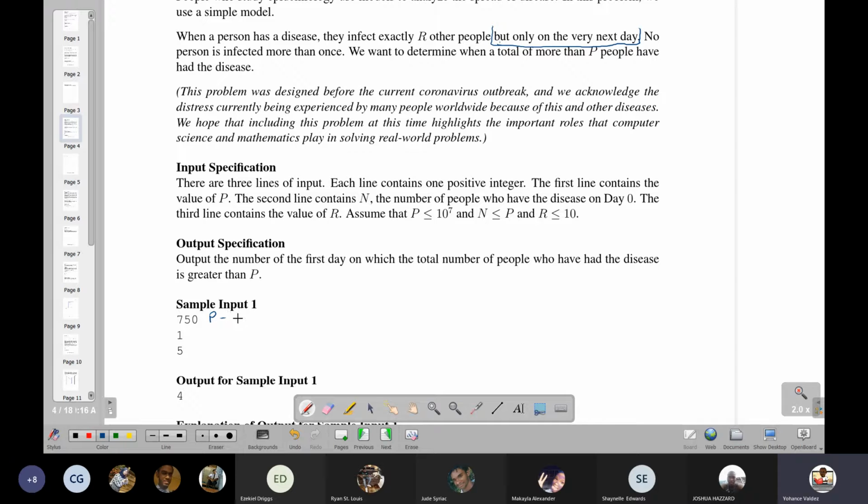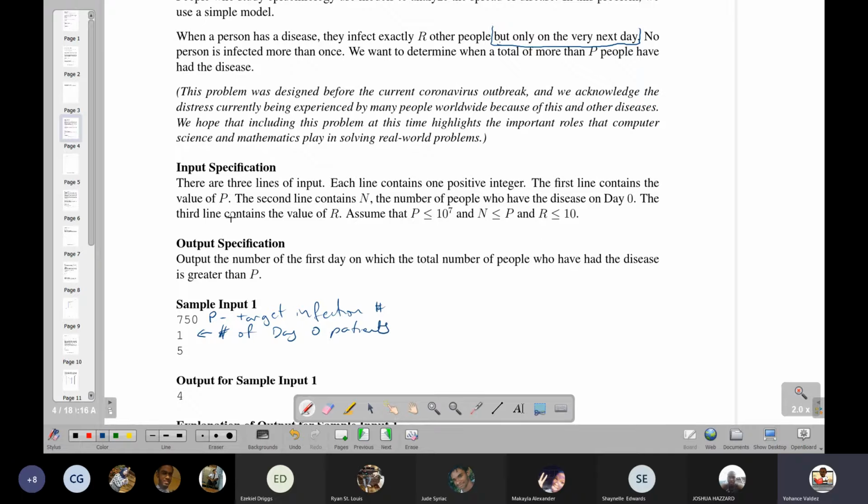So this is the target infection number, if I could call it that. The second line contains N, the number of people who have the disease on day 0. So this is the number of day 0 patients.